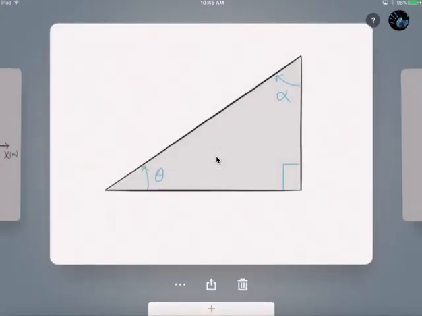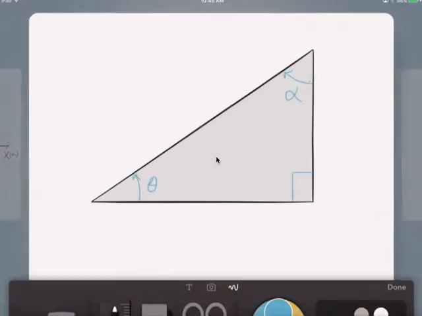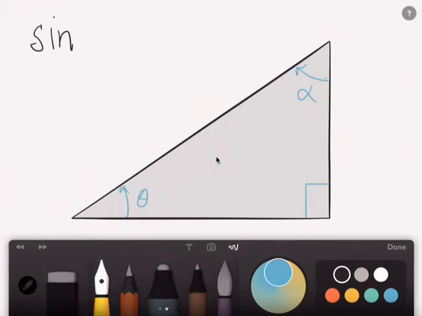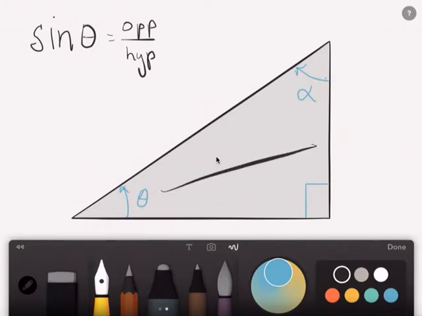So let's define sine. Sine of the angle under consideration, if we're considering theta, is just equal to the opposite side over the hypotenuse. So what's the opposite side? This is our opposite side. And remember, we define that as y.